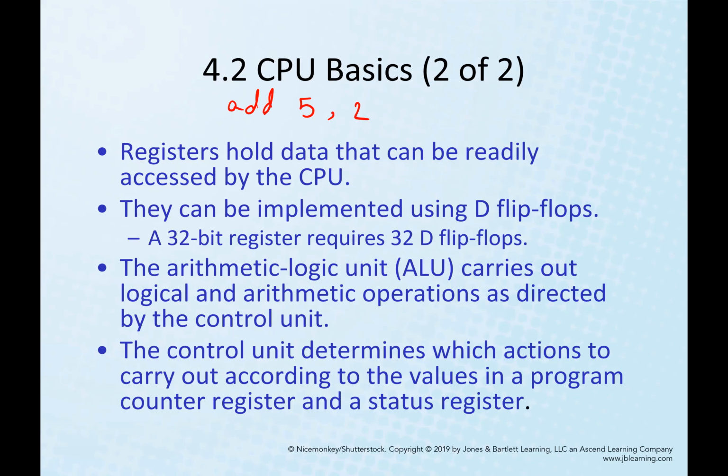Number 2 is in one register, number 5 in another register, and the ALU gets an order from the control unit: add these two registers together. So the ALU gets the value of register A and the value of register B, which are 5 and 2, and adds them together. And there is an output. Where does that output go? To another register. Then from that register, it will be moved to the memory and stored in the memory. Is it clear?